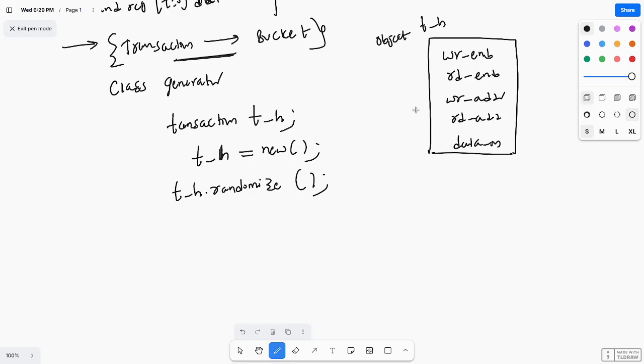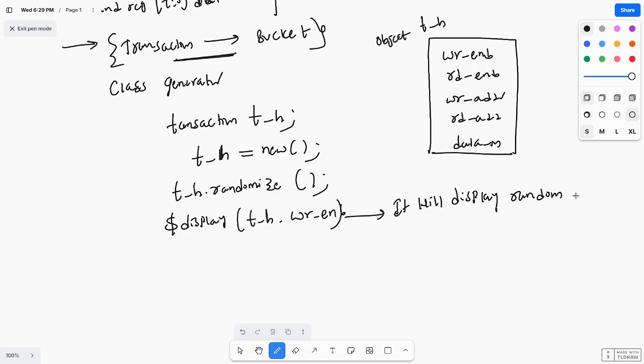We can give these values to write enable, read enable, write address, read address, and data in. I'm using $display t_h.write_enable, which will display some random values.